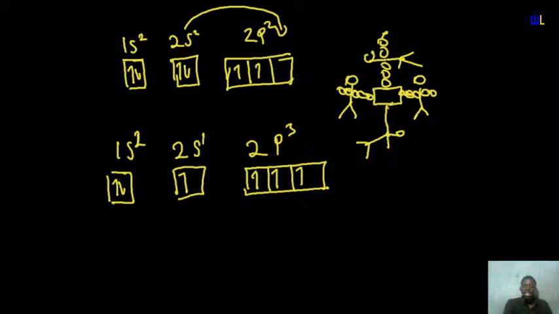So the fact that this s orbital is in number 2 and the p orbital is in number 2 does not mean that their energy levels are the same. This one might have 3, this one has 4, this one has 4, this one has 4, or something like this. In the case of hybridization, you combine all of them and make it 3 plus 4 plus 4 plus 4.